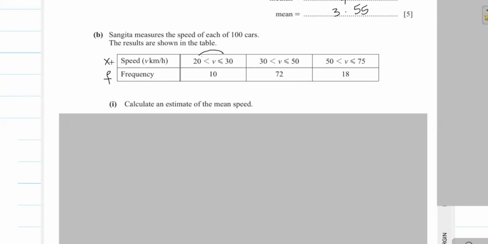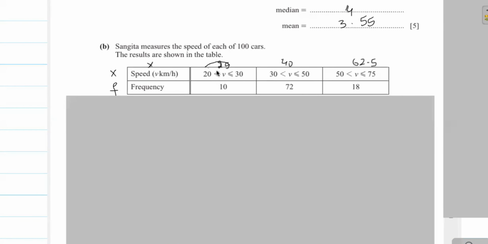To calculate the sum of values, we will take the product of the middle value and the frequency. Look here, the middle value of 20 to 30 is 25, 30 to 50 is 40, 50 to 75 will be 62.5. Now to calculate the sum of values, firstly we take the product of f into x and we will add all these values.